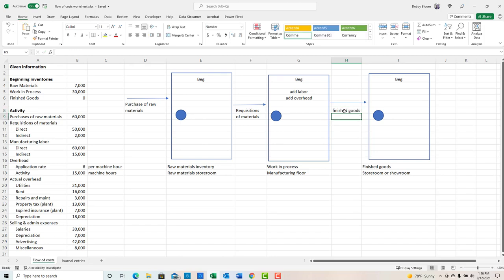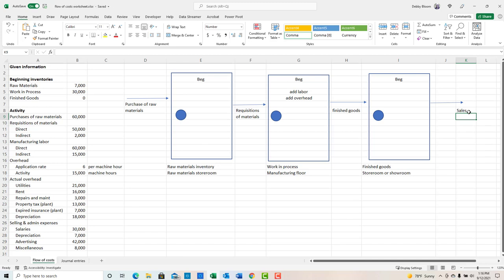So when we finish goods, they're going to decrease the work in process, but they're going to increase the finished goods. And finally, the final thing that we're going to do is we're actually going to sell. And sales just go off to the customer. We don't have it anymore. And then we just turn around and start the process all over again.